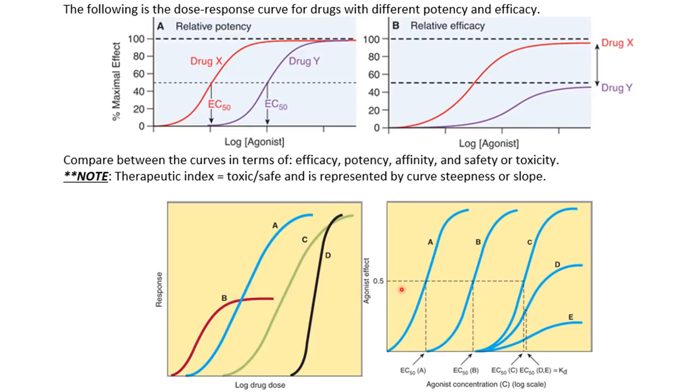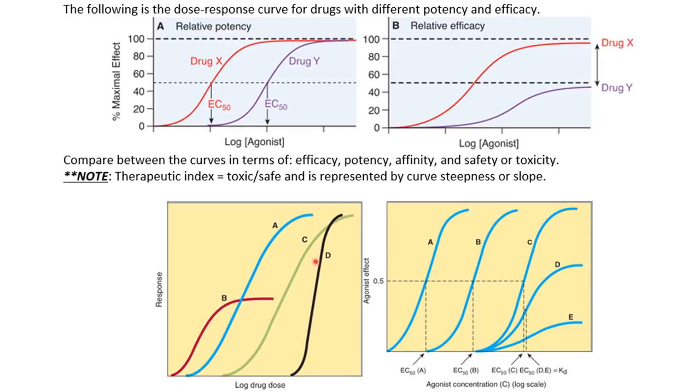In these two curves, we're trying to compare different drugs in terms of potency and efficacy. Again, you can rely on this explanation to find out which one is most potent, and which one is more or less efficacious than the other. But I also want you to notice one thing here, which is D. Notice that there's a difference in the slope for this curve.